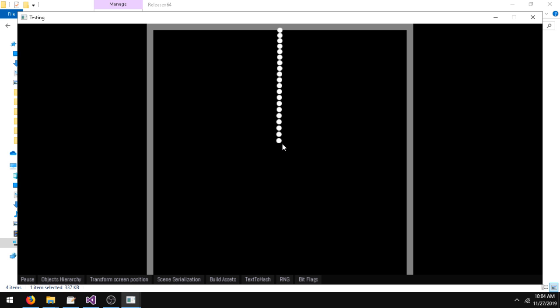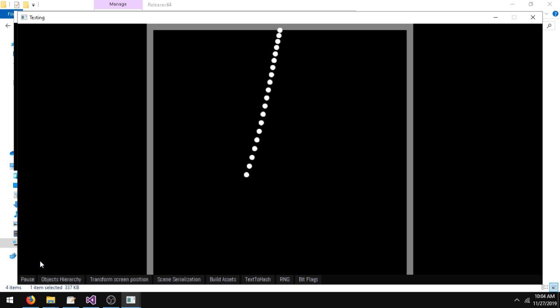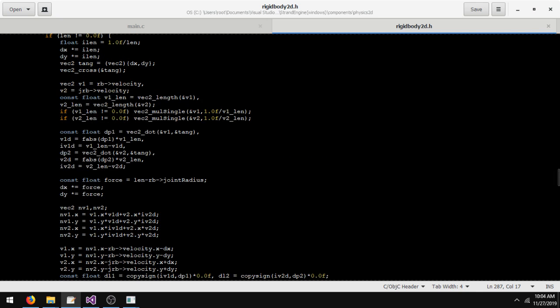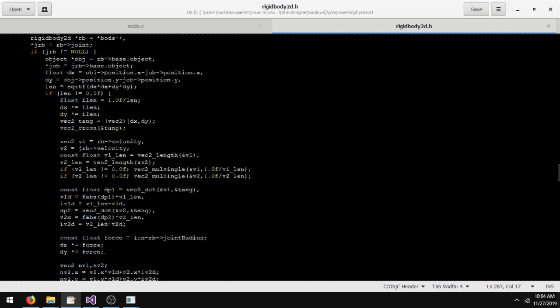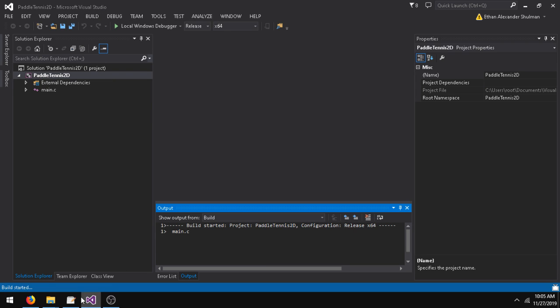It actually didn't keep them together all the way. It still had the same effect. I guess because changing the velocity also changes the position. I've tried increasing this before.